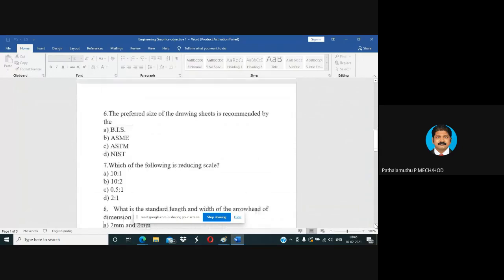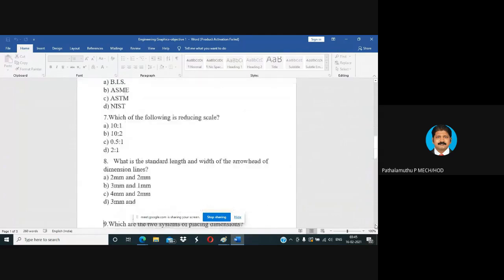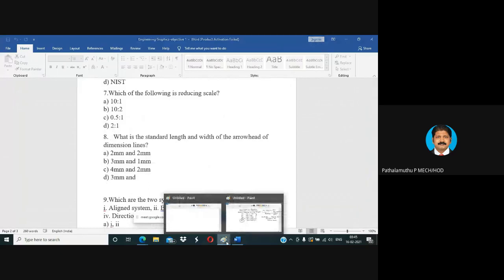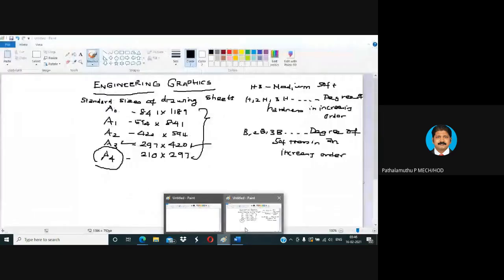Next question: what is the standard length and width of the arrowhead of a dimension line? The arrowhead is generally represented by a 1:3 ratio.